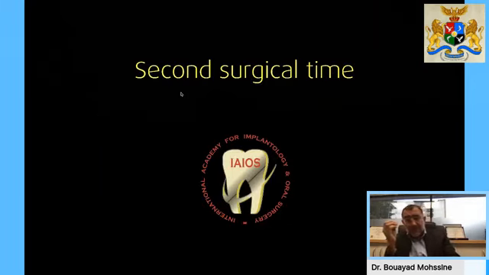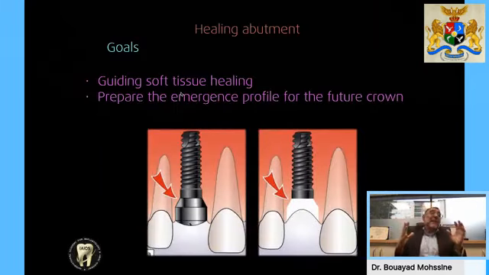In the second surgical time, we have to place a healing abutment. The healing abutment can be placed at the same time as the implant, in the first surgery, if the implant is stable, we have good primary stability, and we don't have a big reconstruction of the bone around the implant.